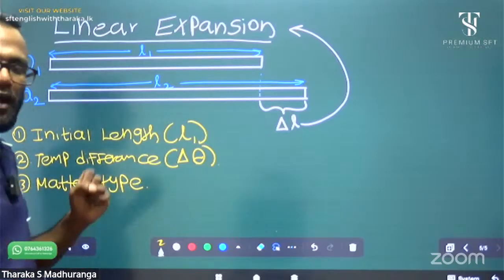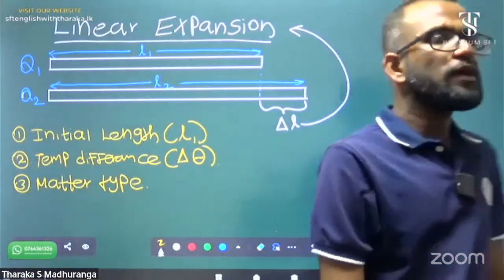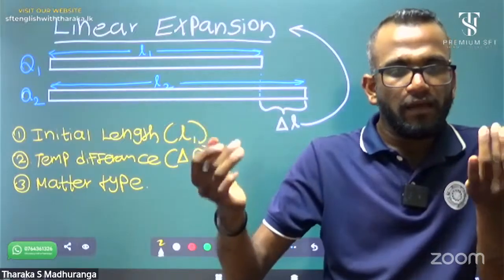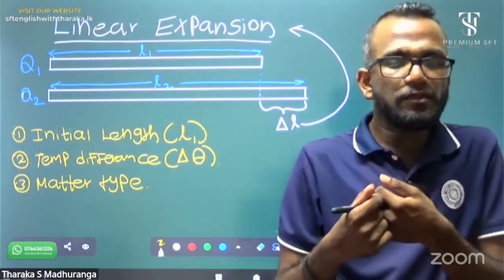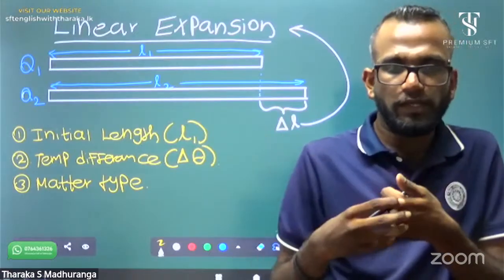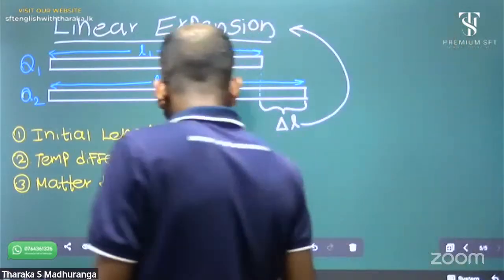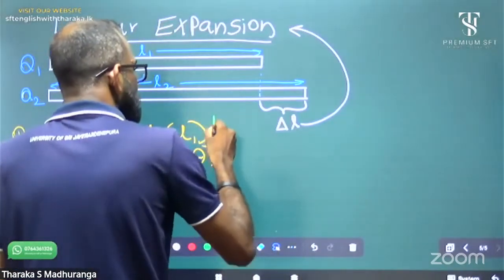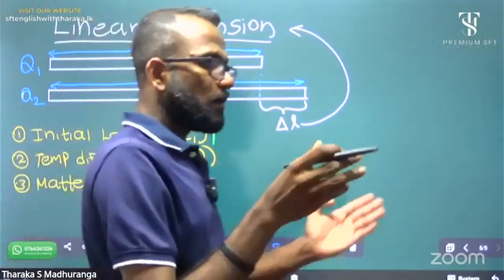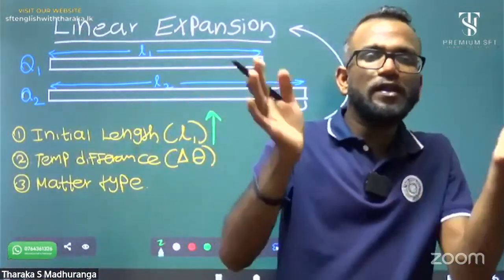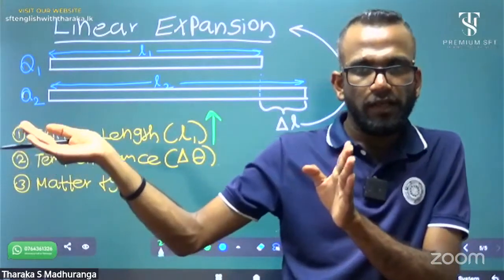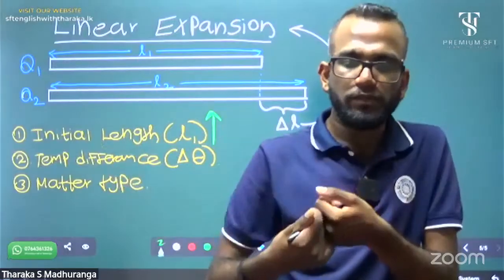The first thing: when the initial length increases, what do you think happens to the linear expansion value, delta L, increasing or decreasing? Initially I take a 1 meter rod and a 2 meter rod. Which one has more delta L value?